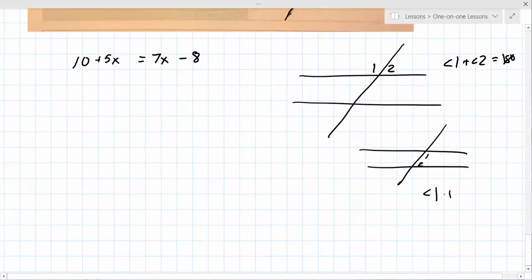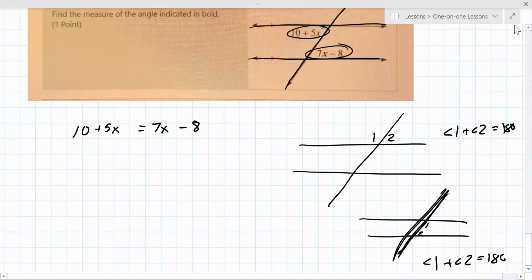Angle 1 plus angle 2 add up to 180 because they're on the same side of it. But in this picture, they're not on the same side. They're on opposite sides, or they alternate. So that's why they're equal.